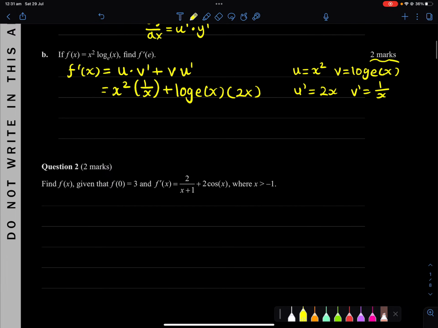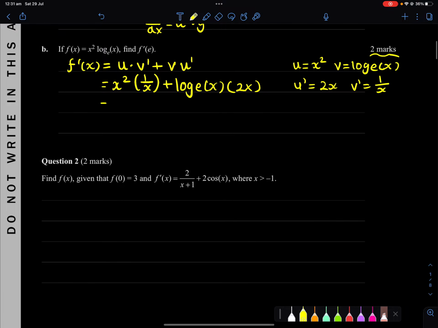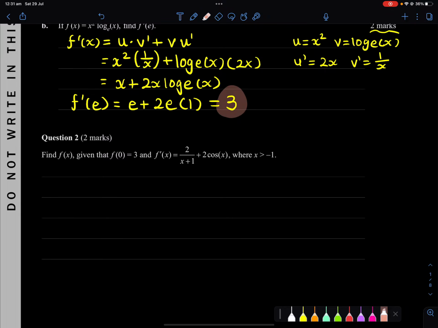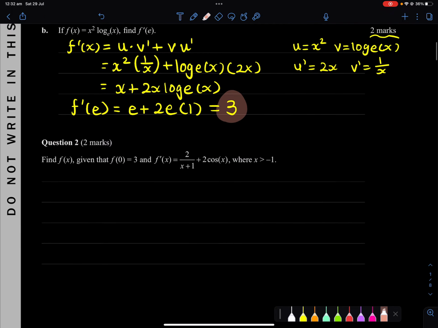Okay, now I'm going to simplify this. So it'll be x plus 2x log e x. Now what we want to do is find when f dash is equal to e. So it'll be e plus 2e log e of e, and log e of e is just 1. Therefore, your final answer here is 3e. There we go. That's for question B.